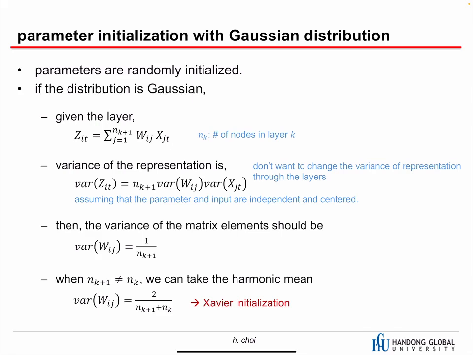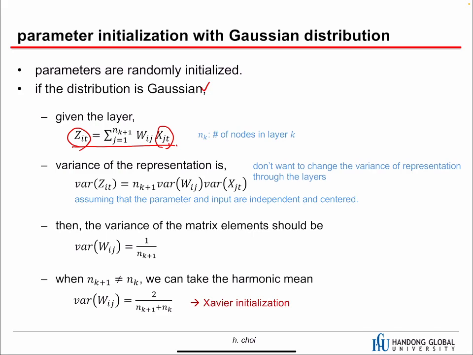So if the Gaussian is the distribution, and given the layer, X is a lower layer and Z is the upper layer, right before the activation function in the neural network, then we have this equation.